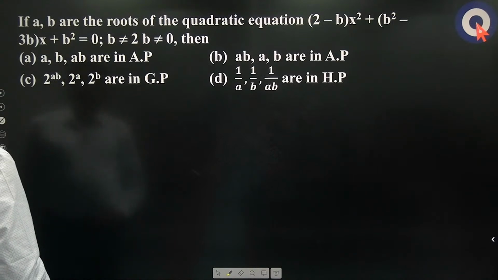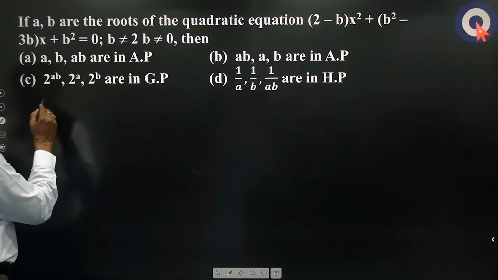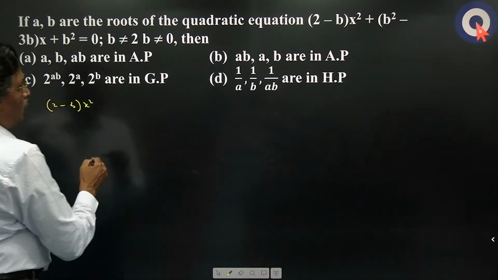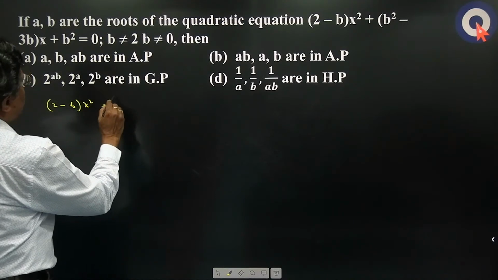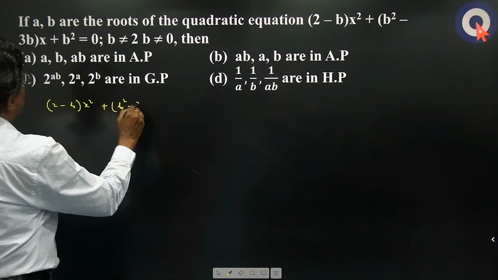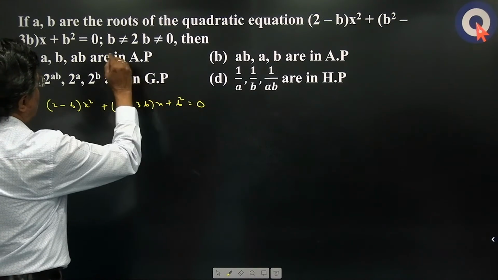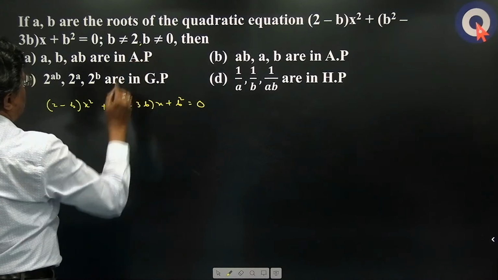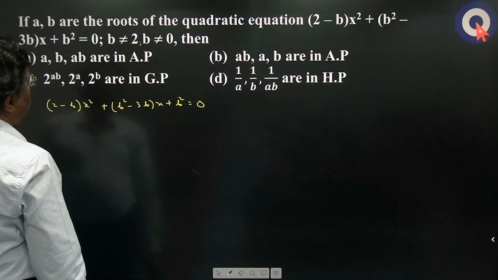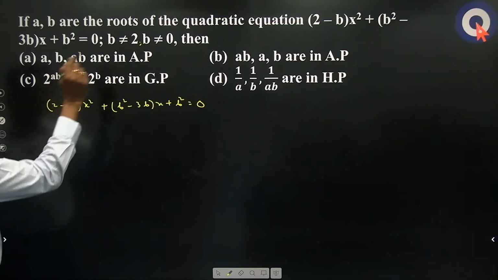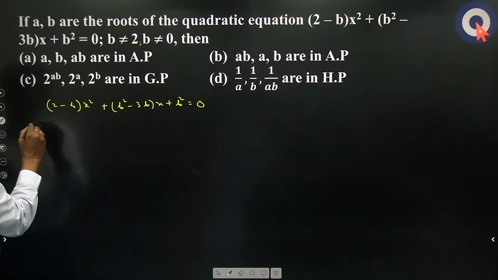If a, b are the roots of the quadratic equation 2 minus b into x square plus b square minus 3b into x plus b square is equal to 0, b not equal to 0, then what? All right. So here we shall consider the sum of the roots.